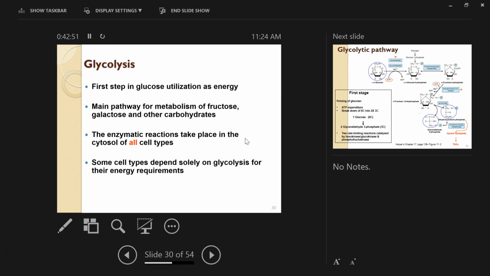Which types of cells heavily rely on glucose for energy? Brain, yeah, heavily, and the other type, red blood cells, right? So brain and red blood cells, right? Particularly red blood cells, because no mitochondria, right? They only rely on glucose for energy through the glycolysis pathway.